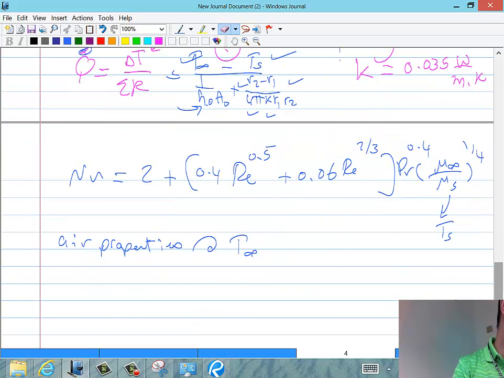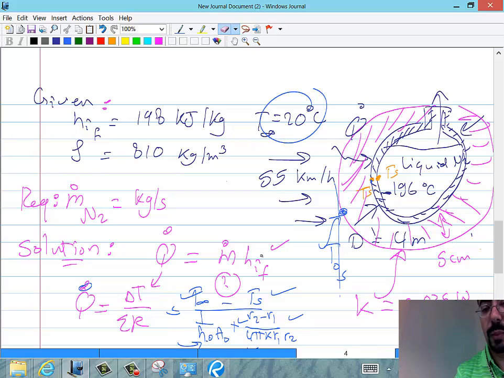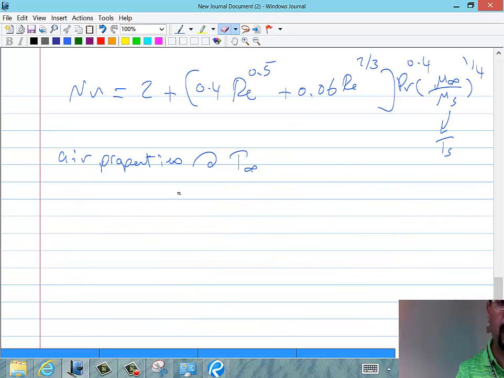Right, so let's get the stuff at T infinity first. At T infinity you can get mu is 1.51 × 10^-5 meters squared per second.